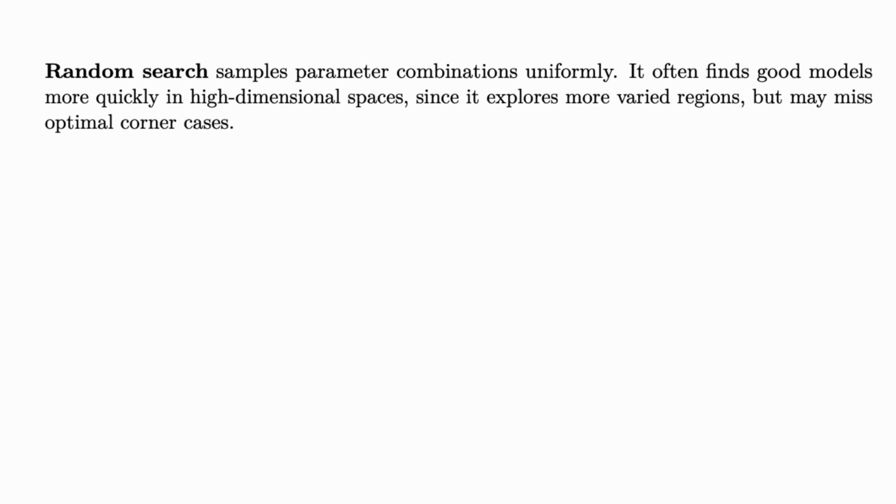So you might have a look at the references, where papers are cited that show that random search will usually give better hyperparameters than grid search, given a training budget or compute budget.